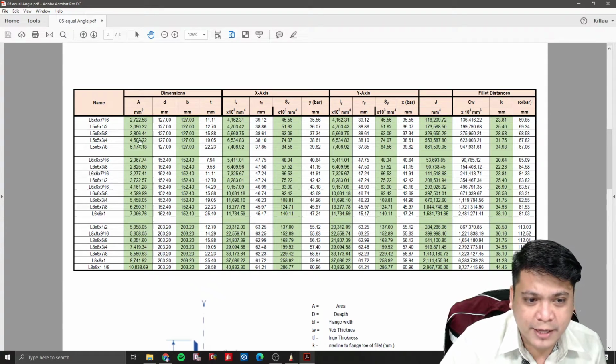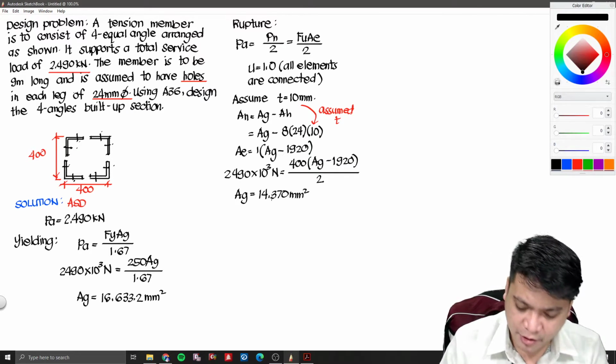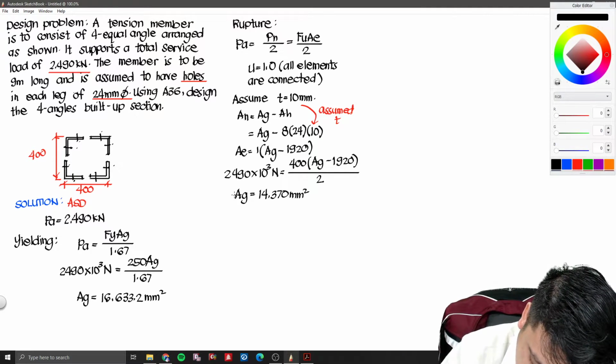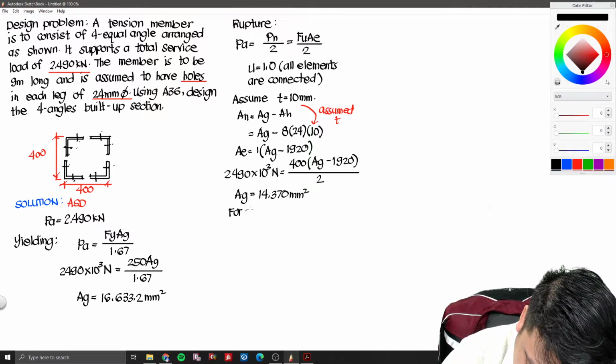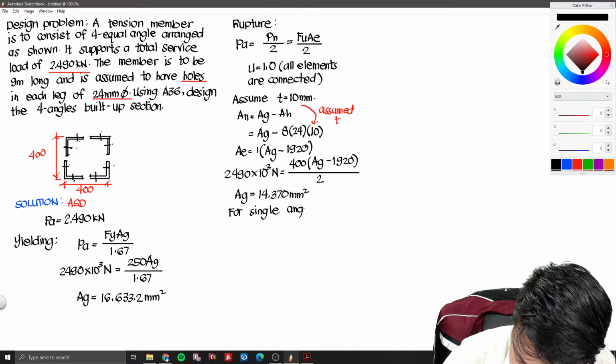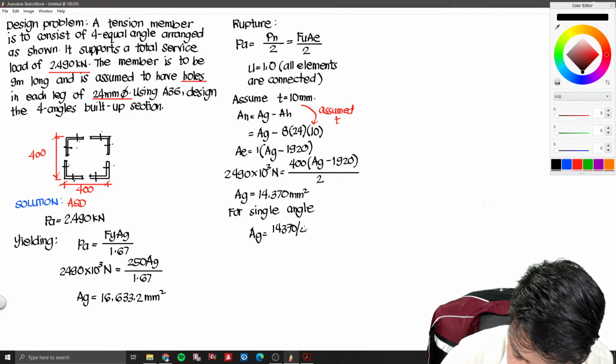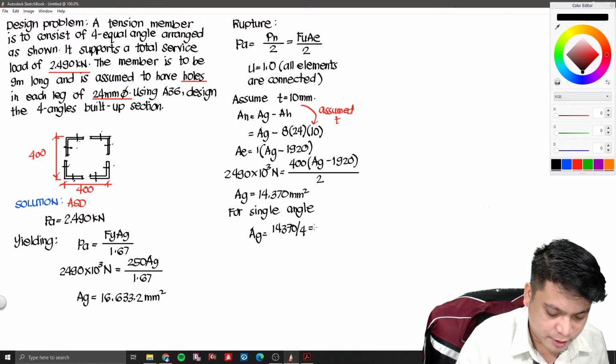So, by the way, that 16,000 is for four angles. So, for a single angle, find the gross area equals 14,370 divided by 4. Okay?